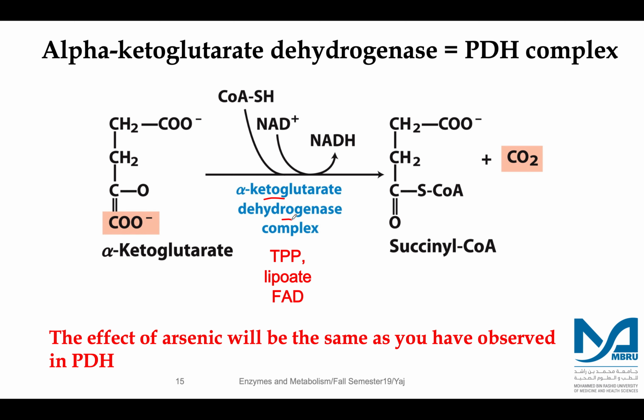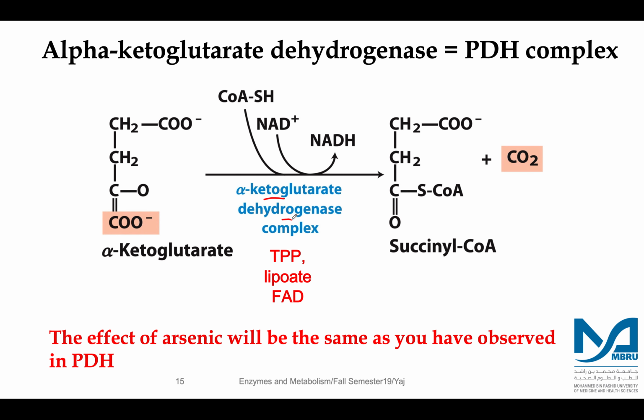Now, in the books, we do not mention the alpha-ketoglutarate dehydrogenase complex because if pyruvate is not converted to citrate in the presence of acetyl coenzyme A, that's the first step, we will not get this particular step at all, because the intermediates after citrate will not be produced in arsenic poisoning.